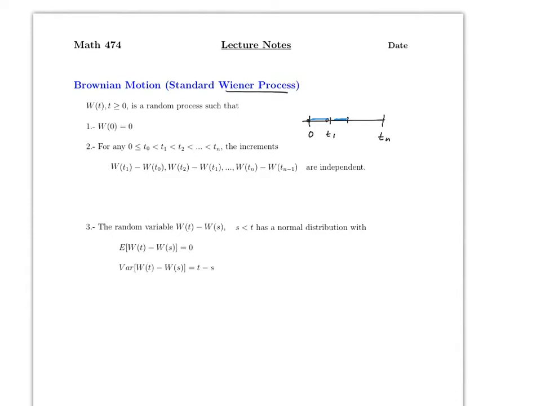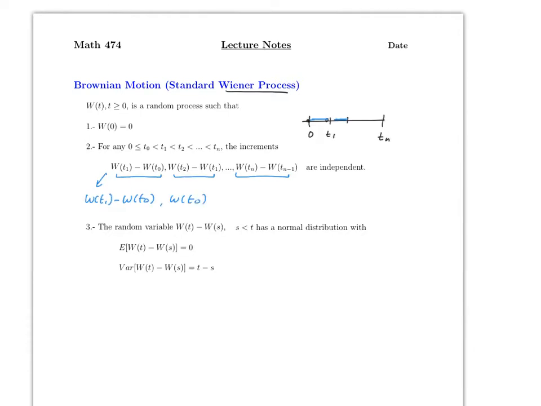This is very, very important because that means this increment is independent of this one, this is independent of this one, and so forth. Actually, W(ti) minus W(t0) is also independent of W(t0).